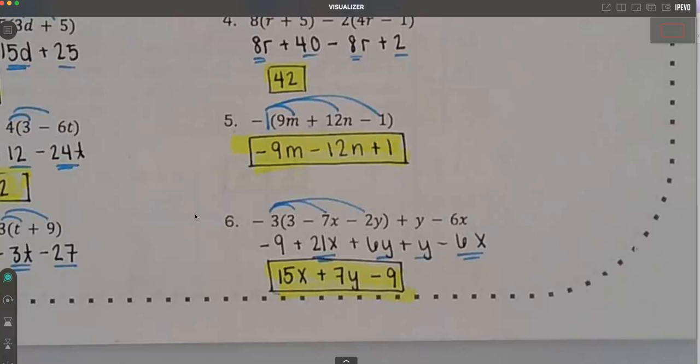Any questions on number 6? Okay, I'll leave that up there for a bit. So I have 21x here and minus 6x here. 21 minus 6 is 15.